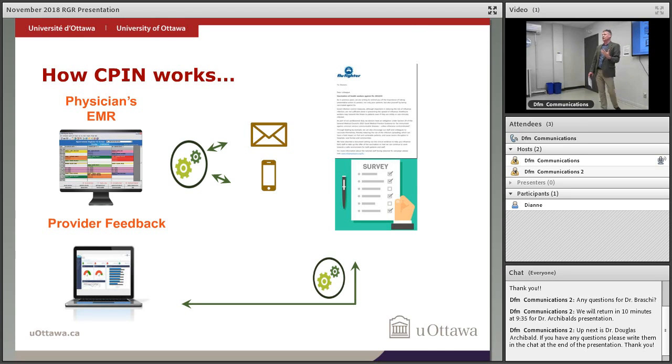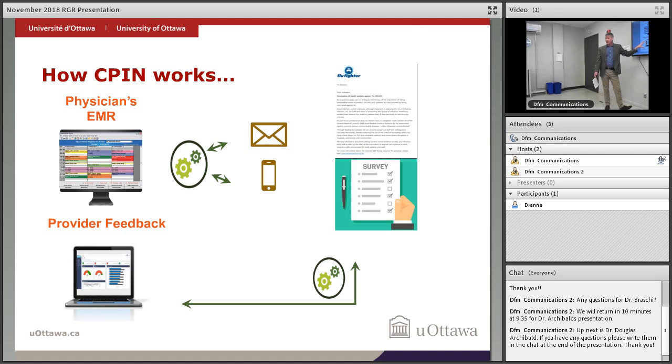And it allows providers to send to their patients a health promotion message, as well as a number of survey questions they would like their patients to answer. And the success rate of this in prior work has actually been very successful, 60 to 70% success rate.